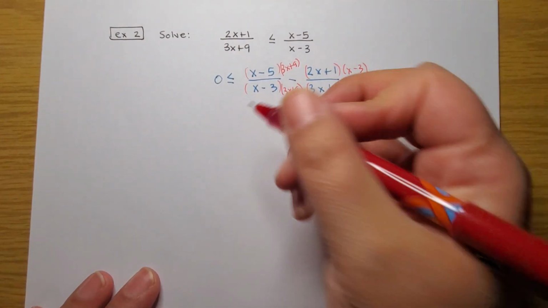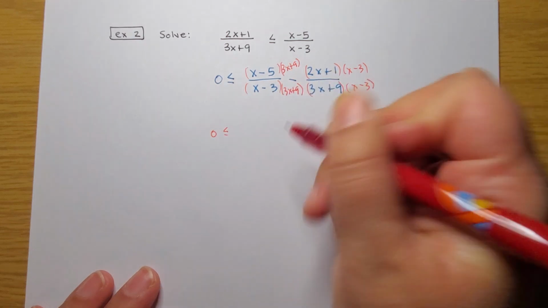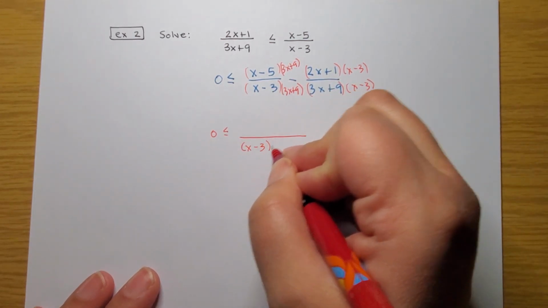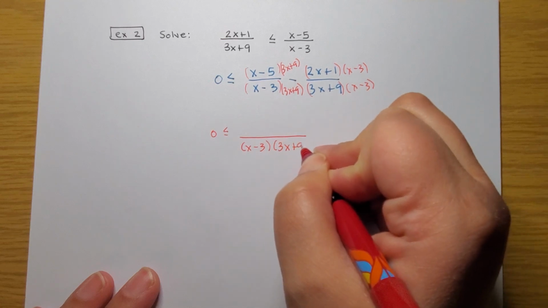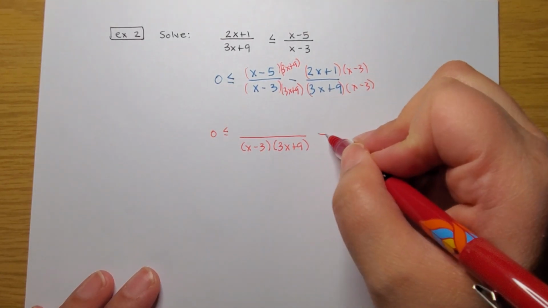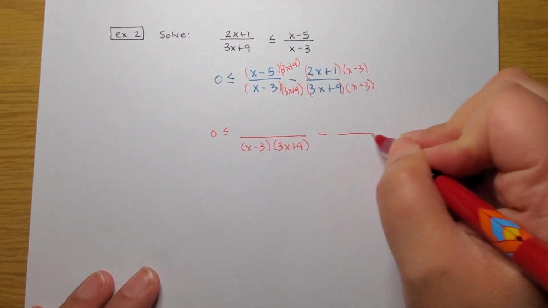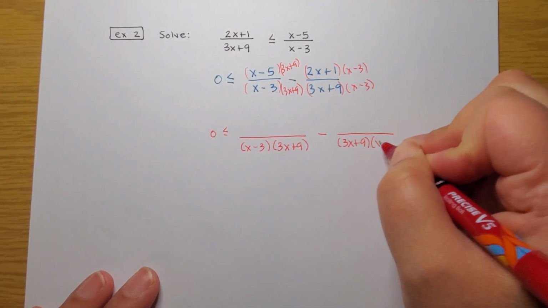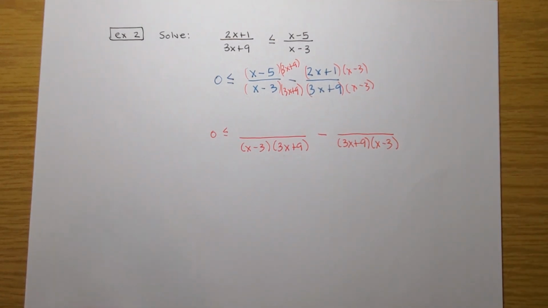So let's just keep the bottom in factored form. So this is going to be (x - 3)(3x + 9). If that bothers you, if you want to pull the 3 out of here, you can. I don't think it's going to make a difference for this one. And remember, order doesn't matter so much here.